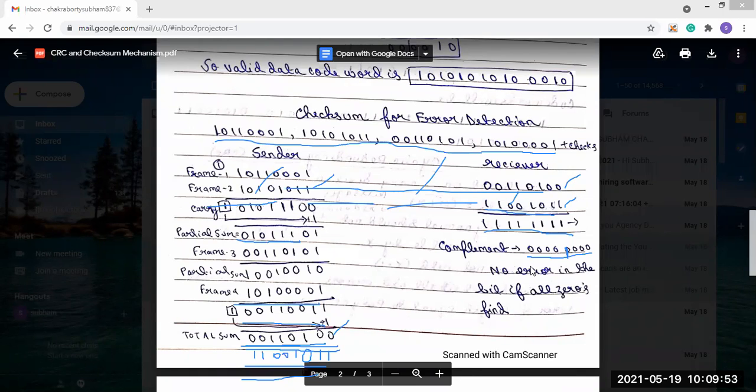Checksum is a basic mechanism, but we mostly don't use it. The most widely used error detection mechanism nowadays is the cyclic redundancy check, CRC, in which we work with the remainder.